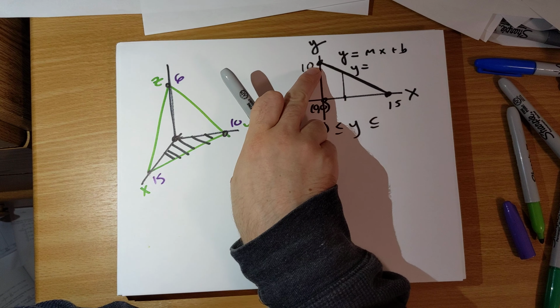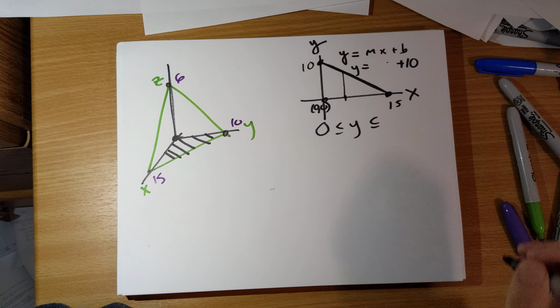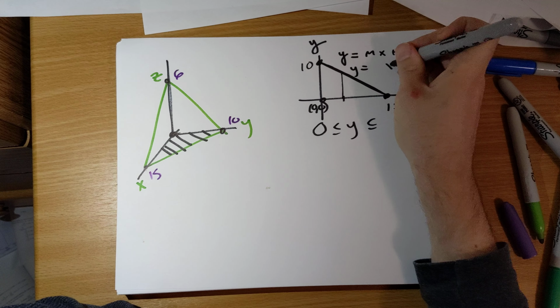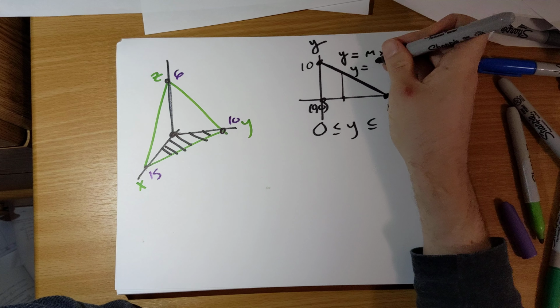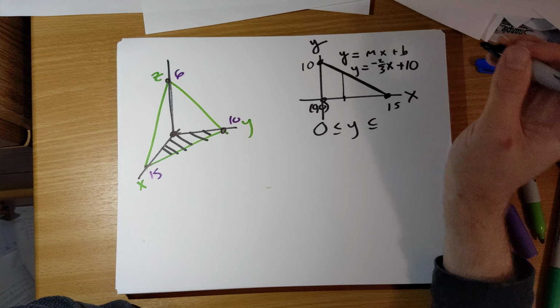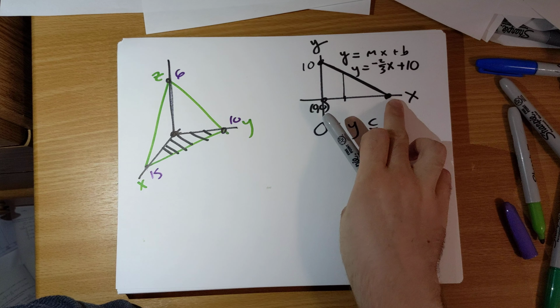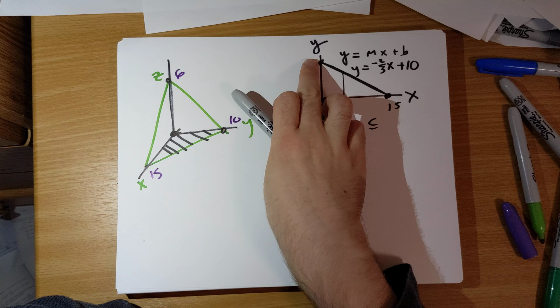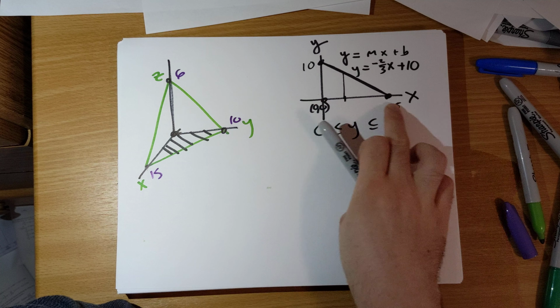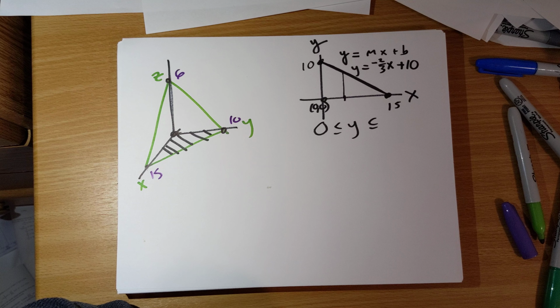The intercept here is 10, and the slope is going to be negative. When we go from this point to this point, y goes down by 10, x goes up by 15, so it's negative 10 over 15, which becomes negative 2/3 x.